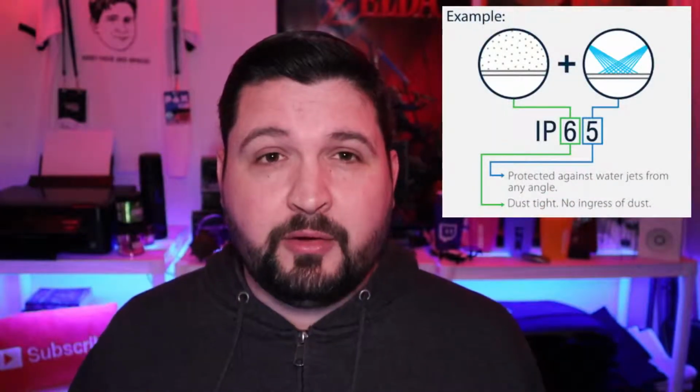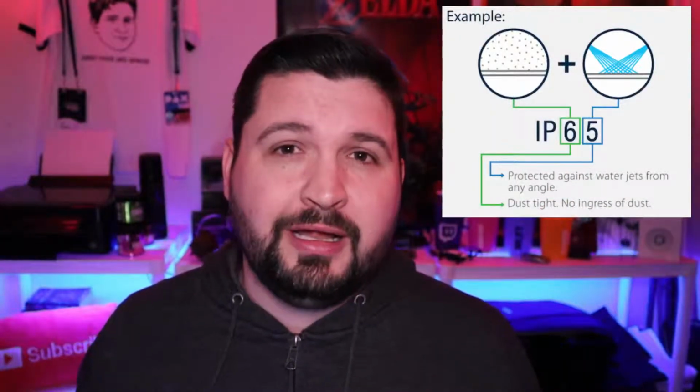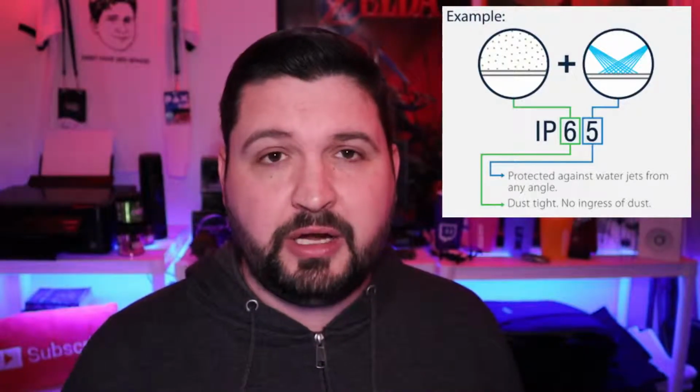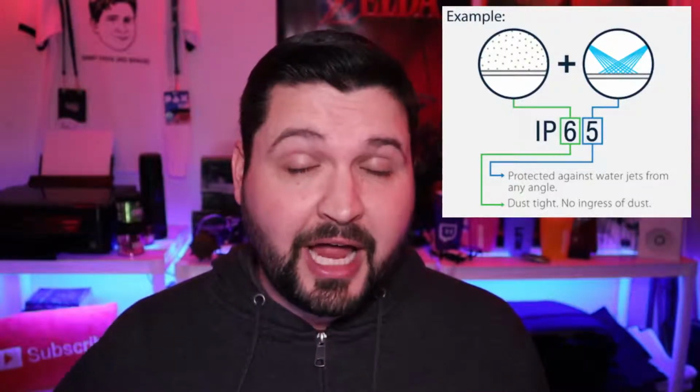So an IP rating for water would talk about how much water can get inside of the device based on its construction. Obviously, the higher the IP rating, the more water resistance or dust resistance it has. So the idea behind IP ratings is to tell you how much stuff this device can keep out in extreme conditions.